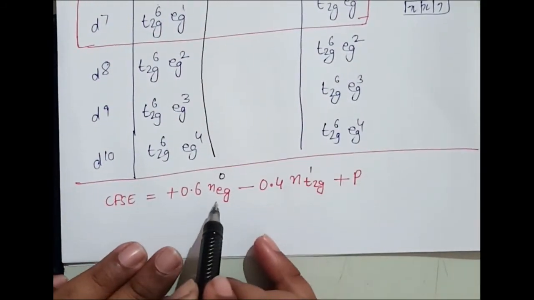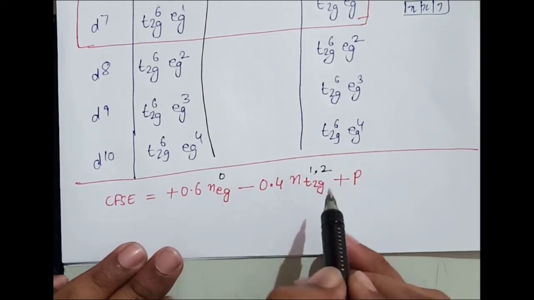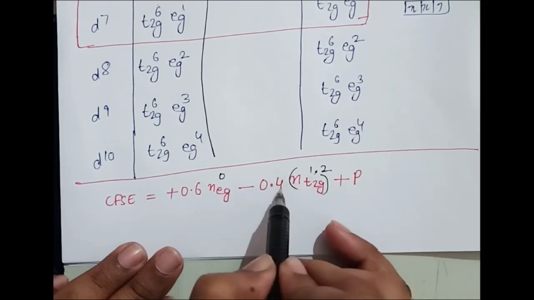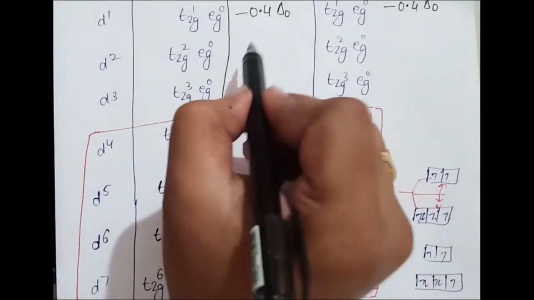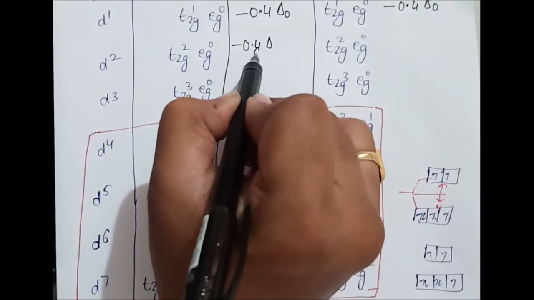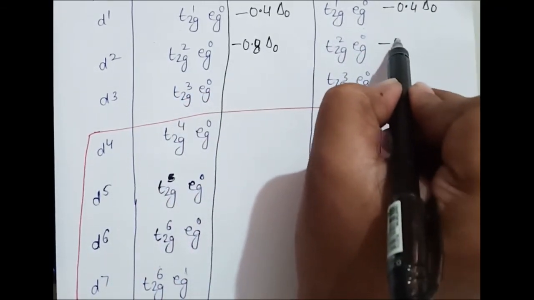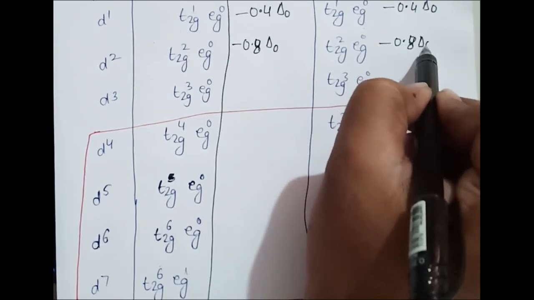In the place of Eg you put 0, and in the place of T2G you put 2. So 2 into minus 0.4 is minus 0.8 del O. And same here also, because there is no paired electron, minus 0.8 del O.